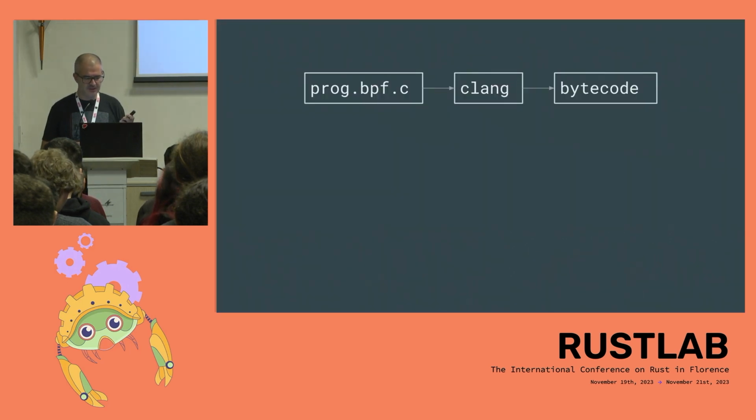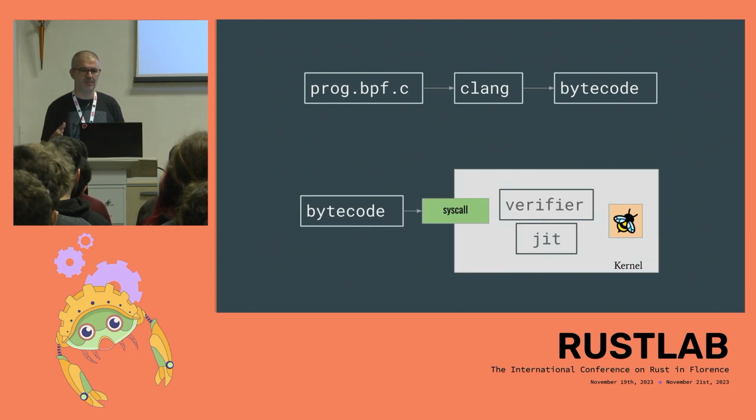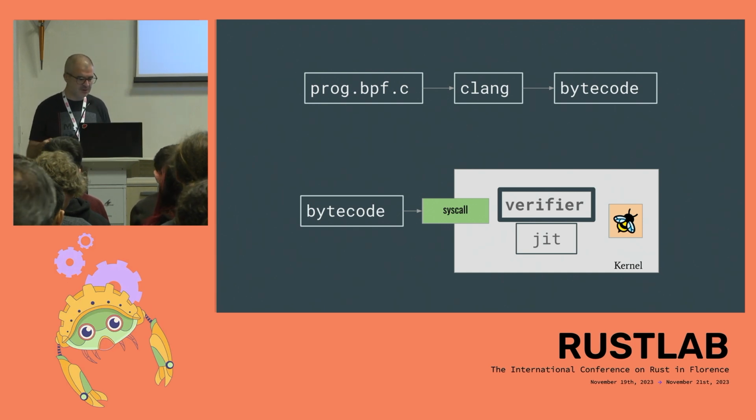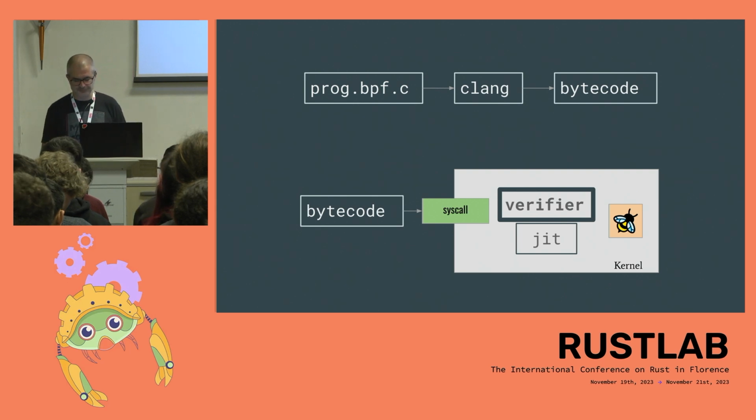But there is also the eBPF verifier, which is kind of the gatekeeper for the safety of our programs. I already said that we produce our bytecode, and then with this bytecode, we need to load it into the kernel. In order to do that, there is this BPF syscall that allows us to load the program. The first thing that gets hit is the verifier. And if the verifier is happy, most of the time it's not, the program will go through a JIT process, and it will be installed into the kernel.